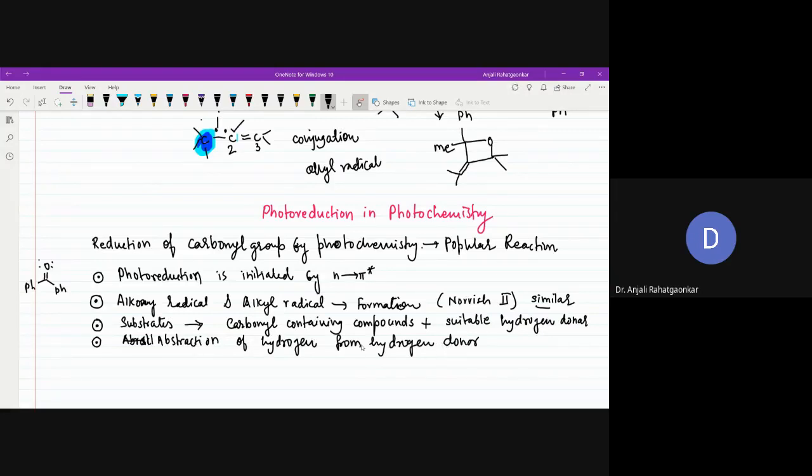So the abstraction of hydrogen from the hydrogen donor gives you the reduction of the carbonyl group, which is accomplished under the photochemical condition.